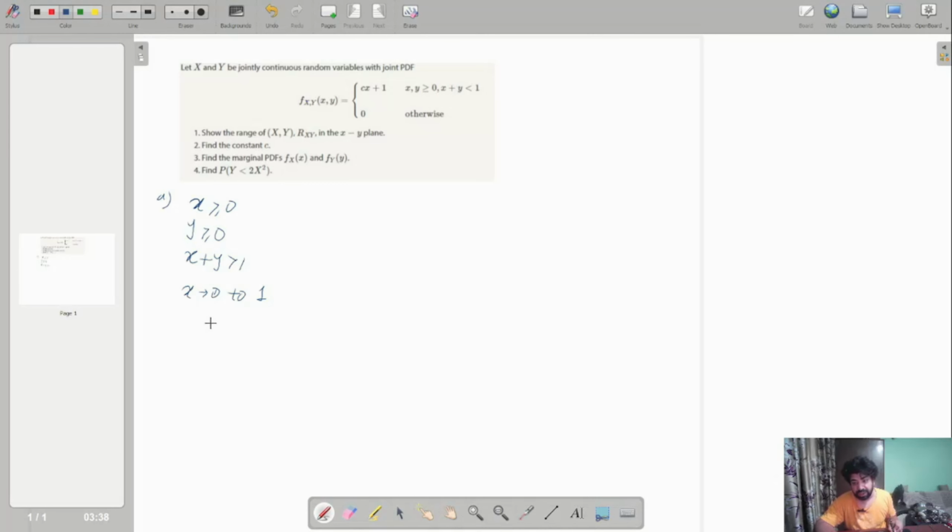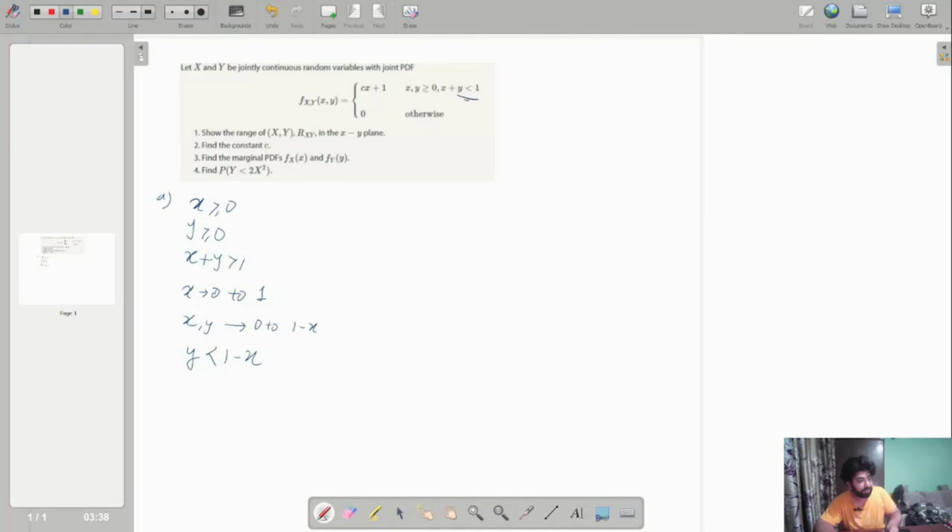For a given x, y will range from 0 to 1 minus x. Why? Because I have been given x plus y less than 1, which means y should be less than 1 minus x.